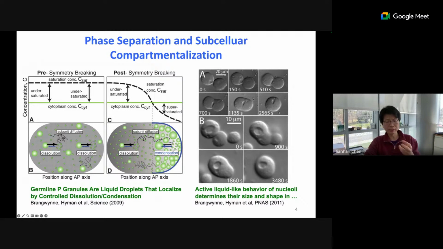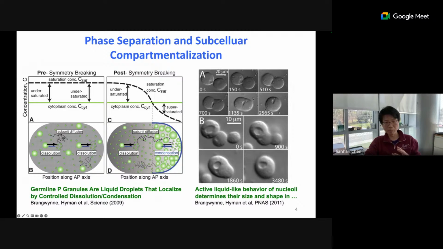So this really resembles the liquid-liquid transition. People know that it's a really fundamental process. Later on, they showed that the nucleoli, which is another type of protein-RNA body, also appear to have liquid-like behaviors. So what they're trying to show here is that you can see these two droplets come and merge together, up here.